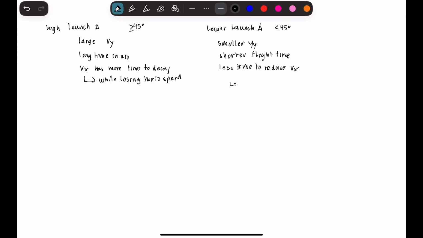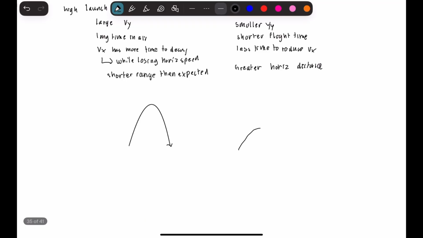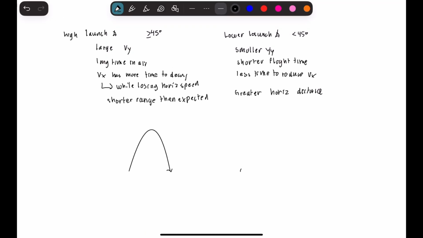So you're going to have a greater horizontal distance, and for a high launch angle, you're going to have a shorter range than expected. So more time in the air means more time for it to decay. But a lower launch angle will go further because it has less decay.